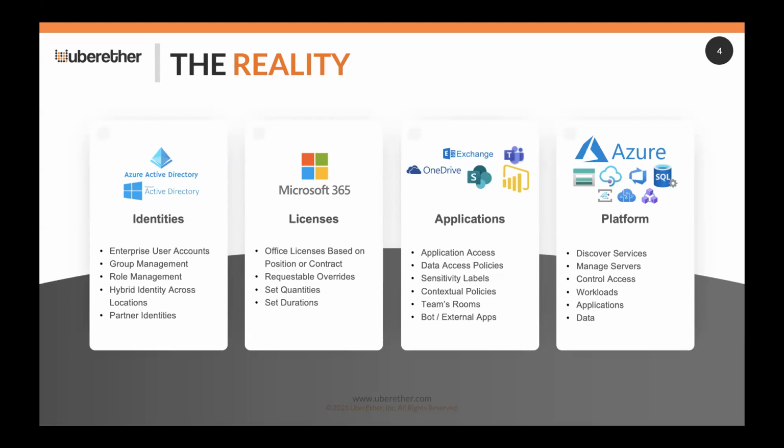Azure, AWS, GCP, they all literally have hundreds of different applications, hundreds of different platforms, everything you can imagine, right? At this point, voice control and IoT control, AI, machine learning, with thousands upon thousands of permissions across those applications that need to be governed and managed.